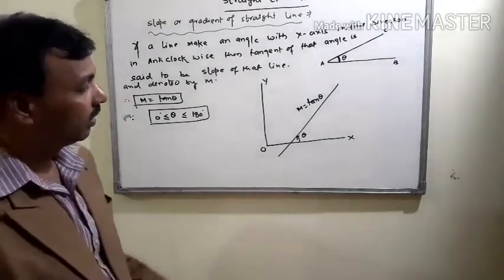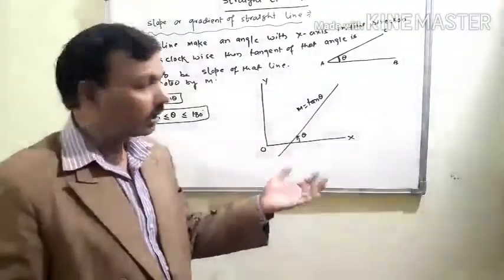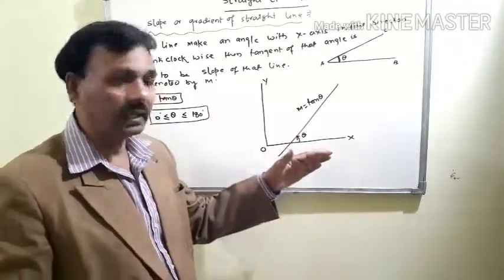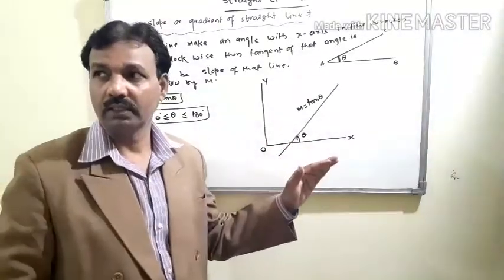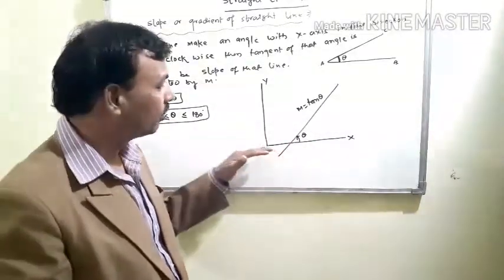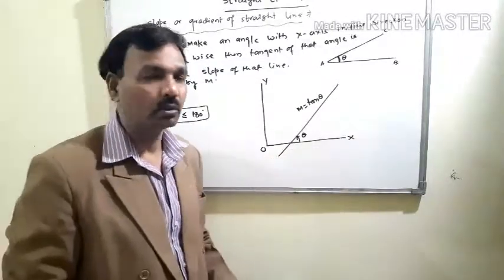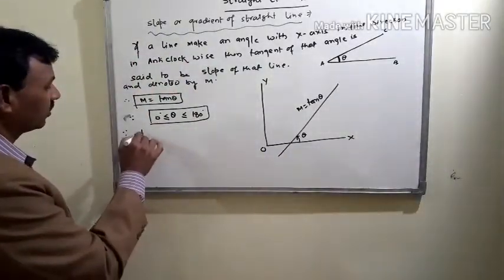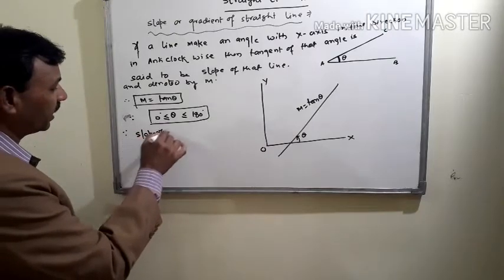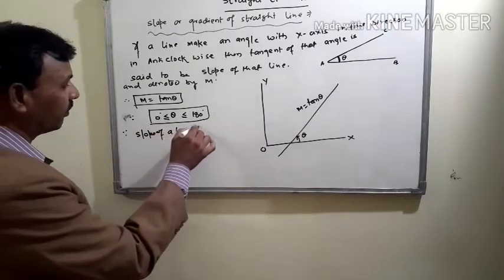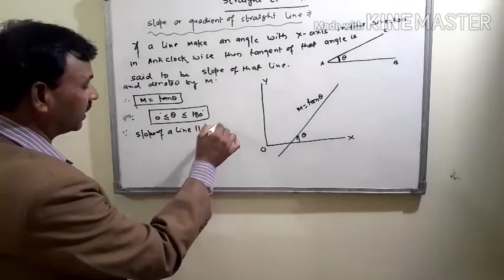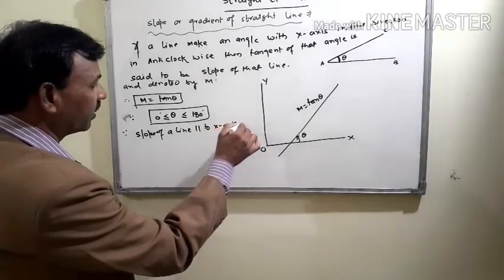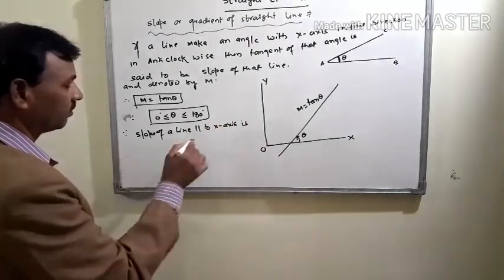Now, what will be the slope of any line parallel to the x-axis? Since the slope of a line parallel to the x-axis is 0.